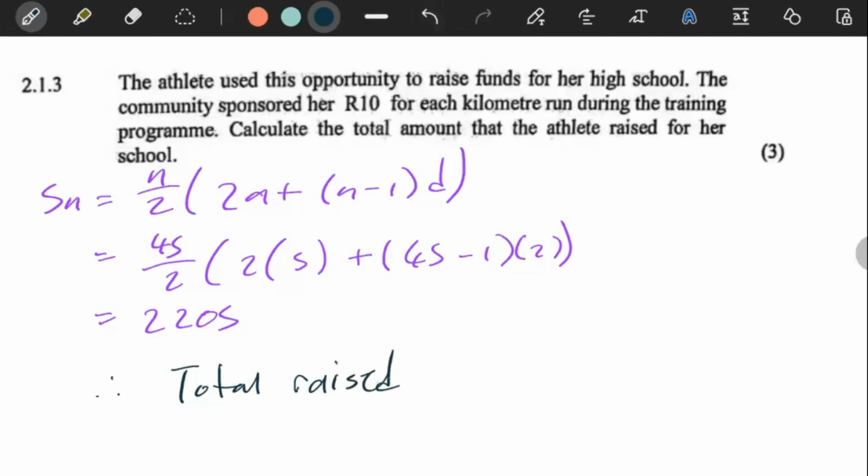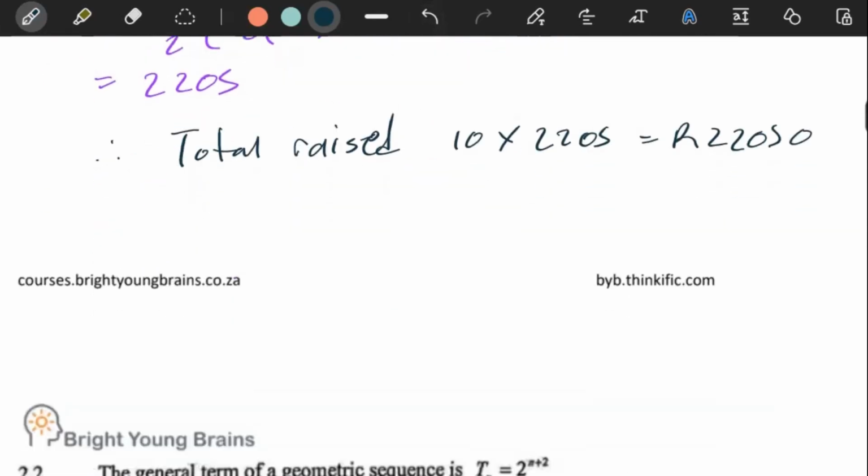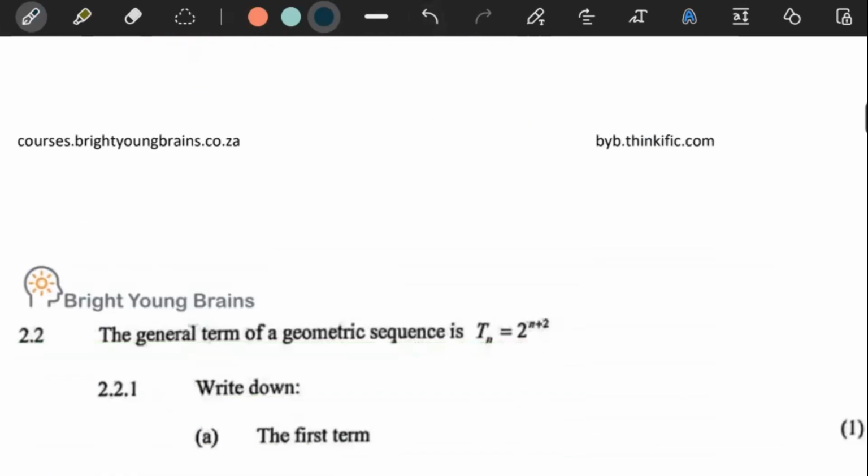Total raised is 10 multiplied by 2205, which is equal to R22,050. So just over R22,000. Not bad.